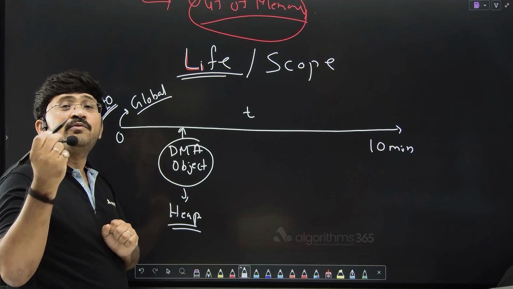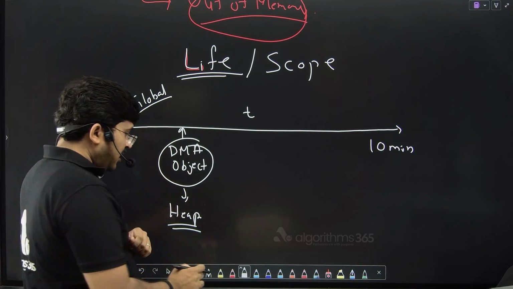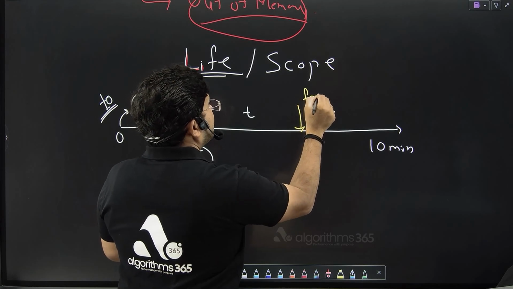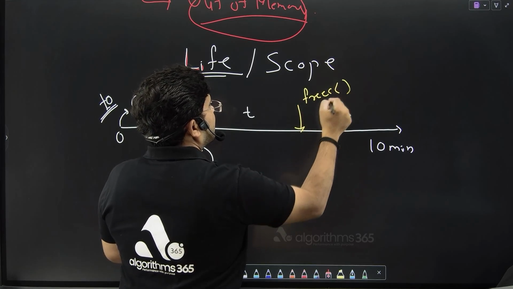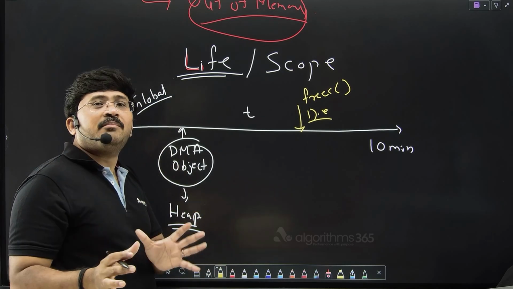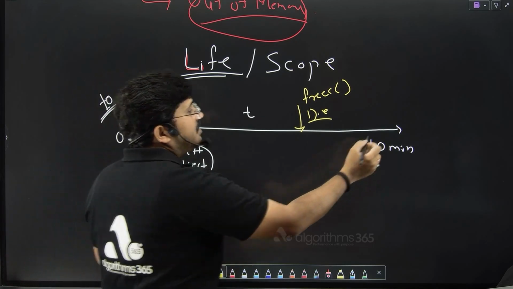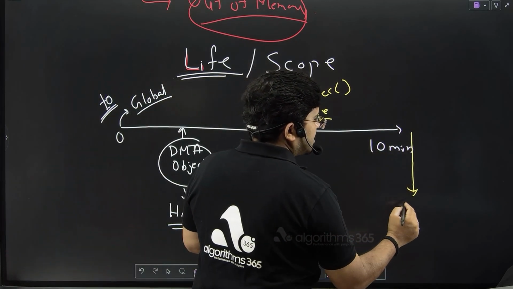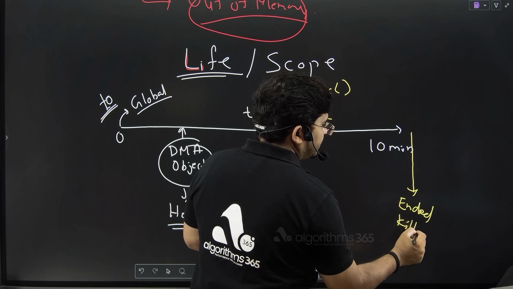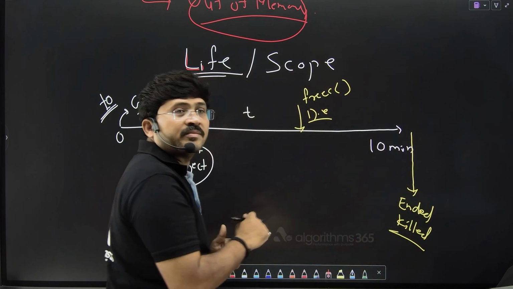Till the point you free them, they will exist. If you free them here, they will die here. But if you don't free them at all, then they will die when finally the process is ended. Either it is ended or it is being killed. That is when they will go.